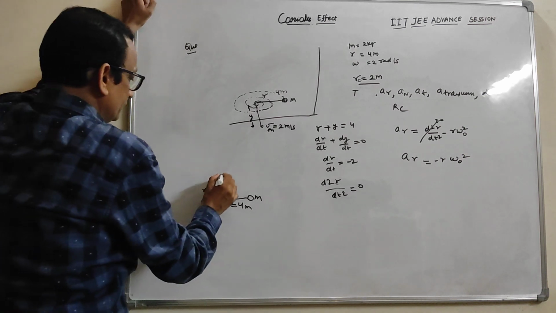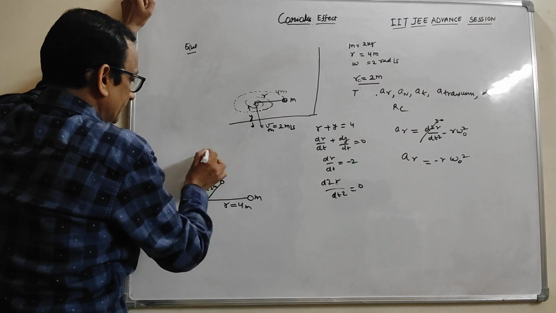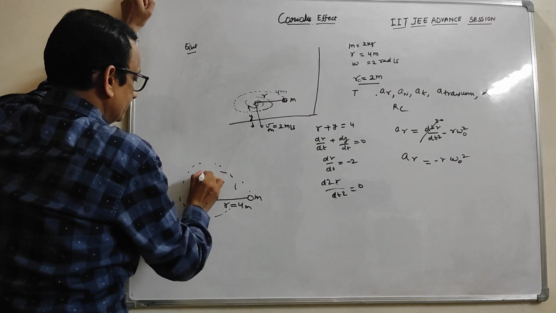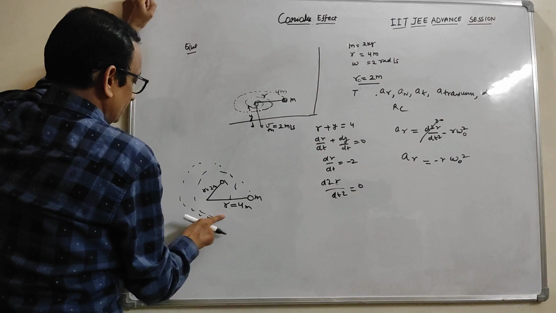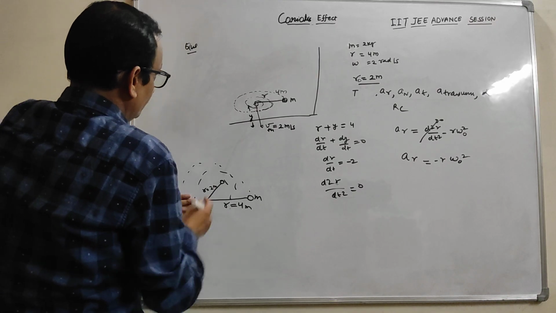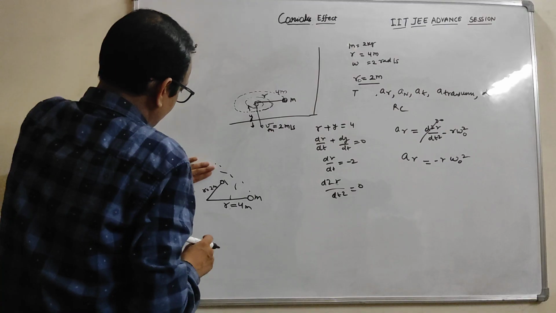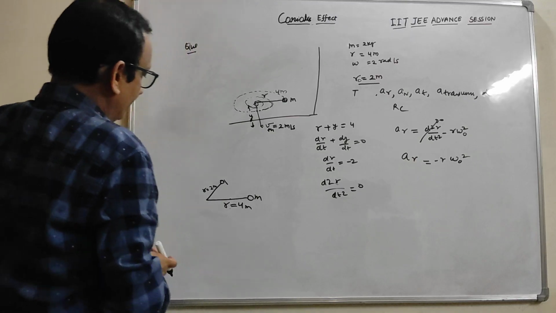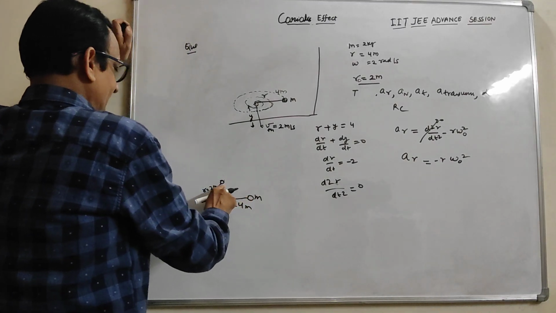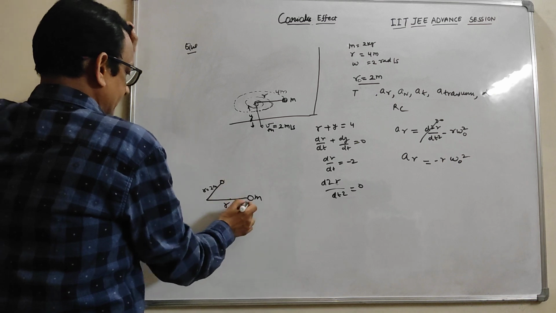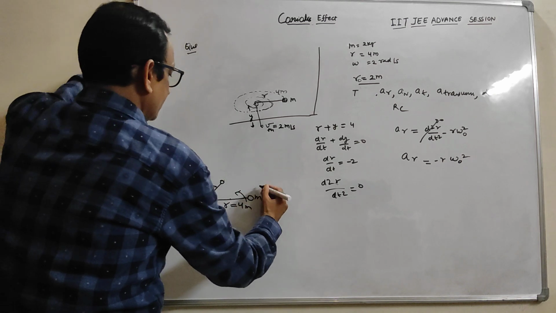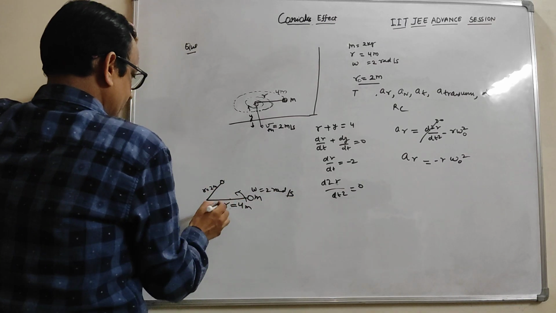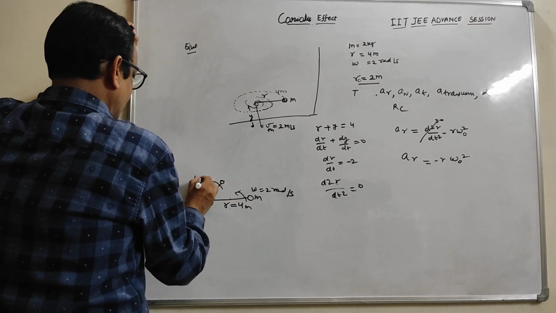When we have to find the values, this is the mass m, and the motion would be like this type. Here this omega is given as 2 radian per second, and this value will be omega naught.